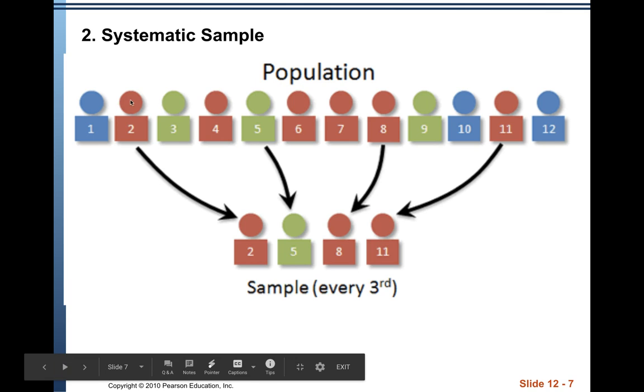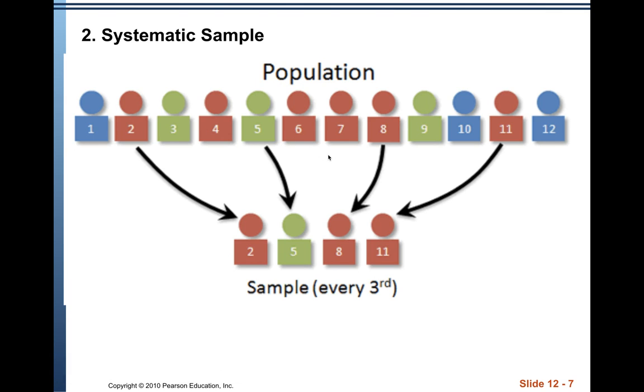We started with person number 2, and then they sampled every third person after that. That is what we call the system, so that is a systematic sample. Could be every third, could be every other person, doesn't matter. There's some sort of system that you're going to stick to no matter what.